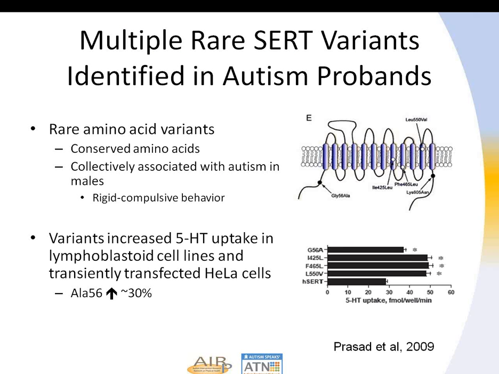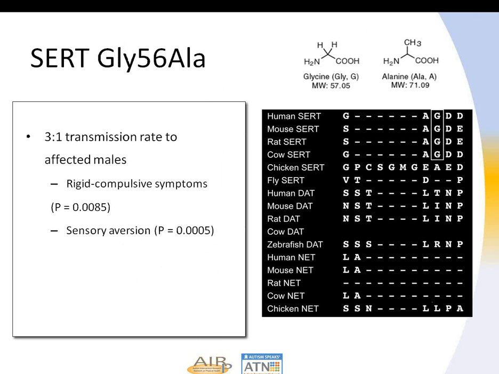Based on that genetic linkage finding, colleagues of mine at Vanderbilt University identified a number of rare amino acid variants of the serotonin transporter gene. Each one of these leads to an increase in serotonin transport, which potentially would lead to that increase observed in serotonin levels in the blood.